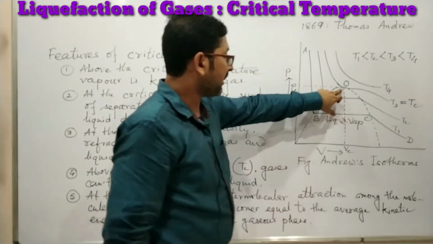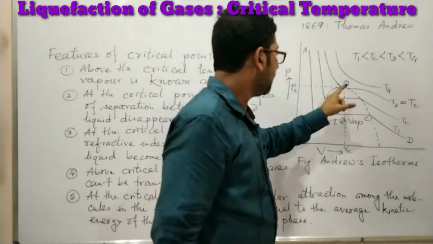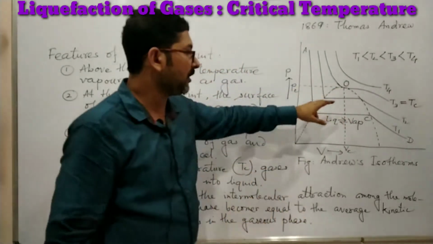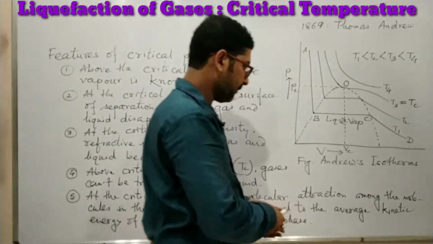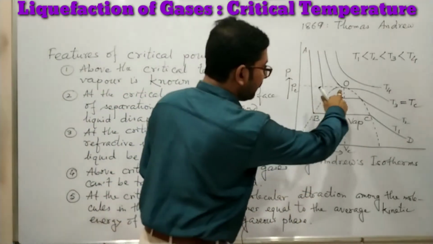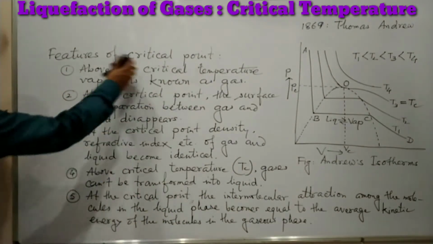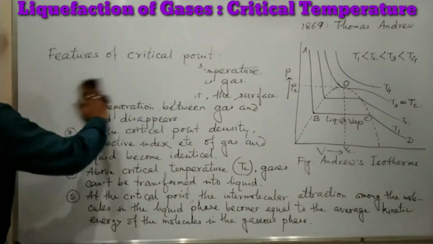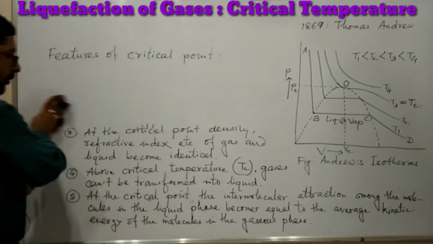So this kinetic energy is known as threshold kinetic energy. The molecules must possess this threshold kinetic energy to exist as gas. Okay, so we can note down point number 6.